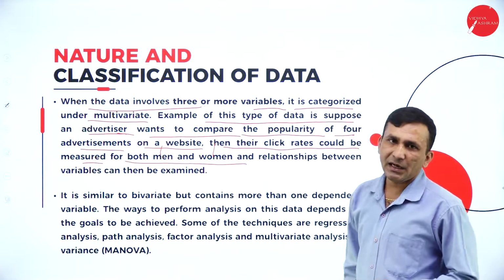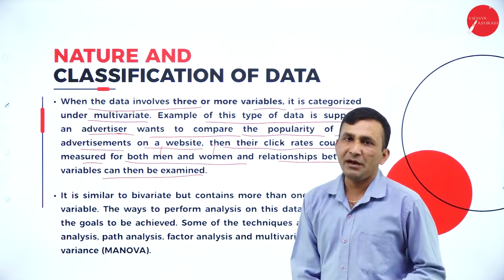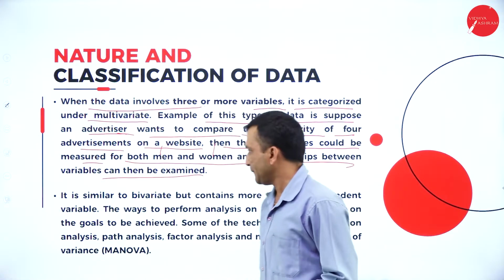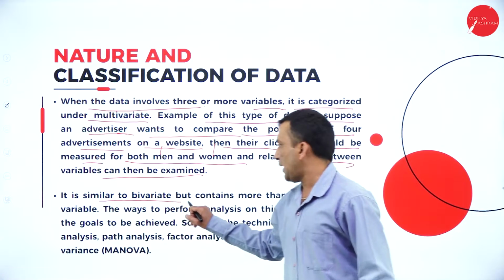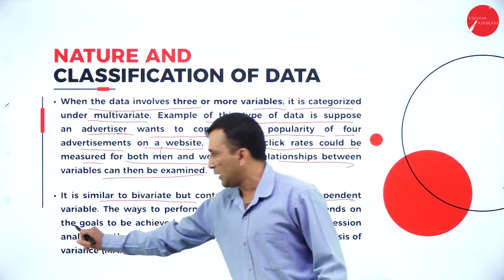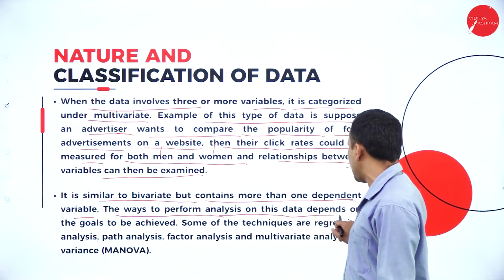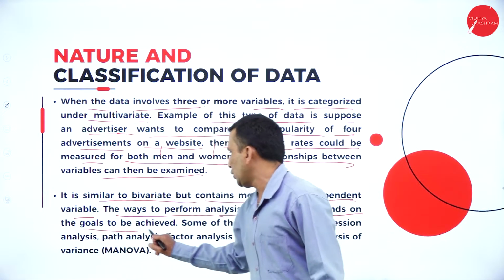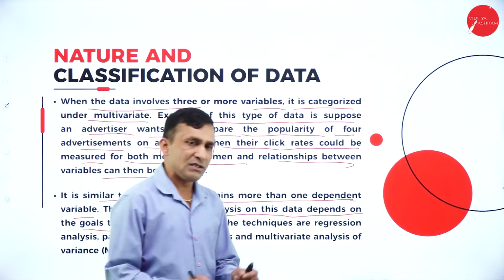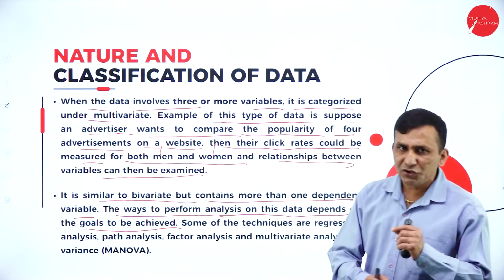So easily I can identify the relationship between the variables, which can be examined by the individual company that is providing the opportunity. It is similar to bivariate but contains more than one dependent variable. Okay, the way to perform analysis on this data depends on the goal to be achieved, because whatever data you are collecting, there is one specific objective to fulfill, to achieve your goal.